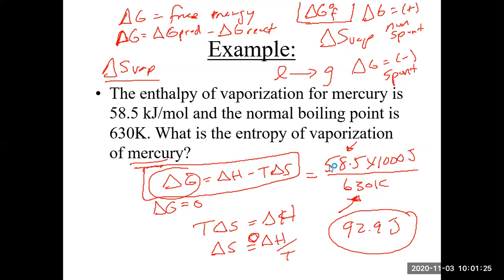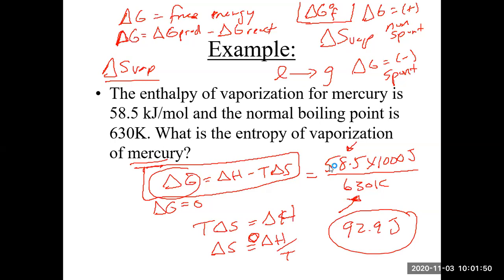We're going to see a couple of other ways to calculate delta G in just a second, but you want to choose the equation that fits the information you're given. So if you're given a delta H value and a delta S value, you would want to use this equation with the H and the S.